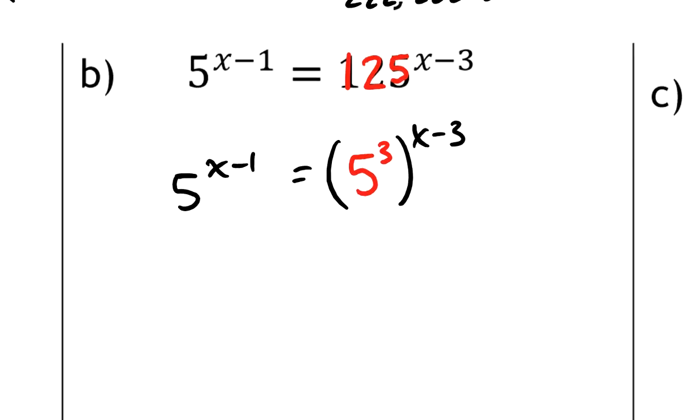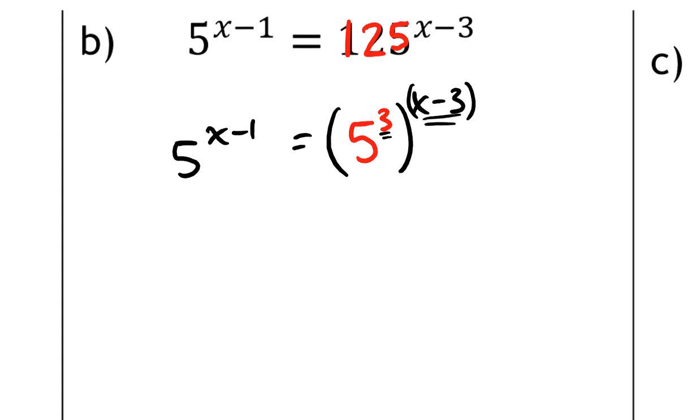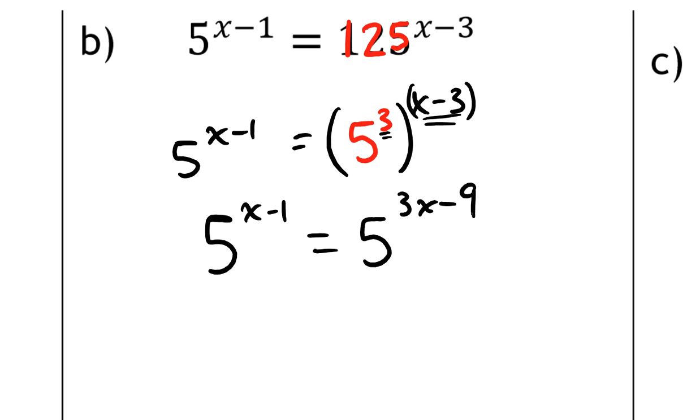Well, what does that have to do with this problem? I've got this x minus 3 that is the exponent for 5 to the third. What do I do with this 3 and the x minus 3? I'm going to multiply them, and I need to push that factor of 3 into both of those terms. So I can rewrite this as 5 to the x minus 1 equals 5 to the 3x minus 9.